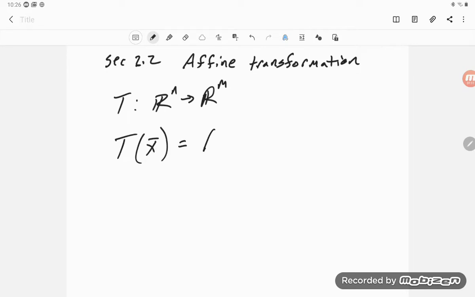I'll start with a linear transformation, Ax, but then I am going to add just some other vector to that. I'll call it v, and that is an affine transformation.